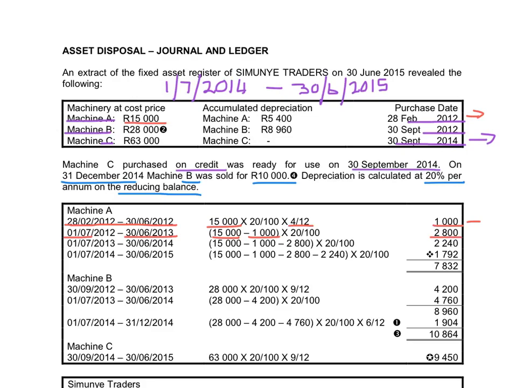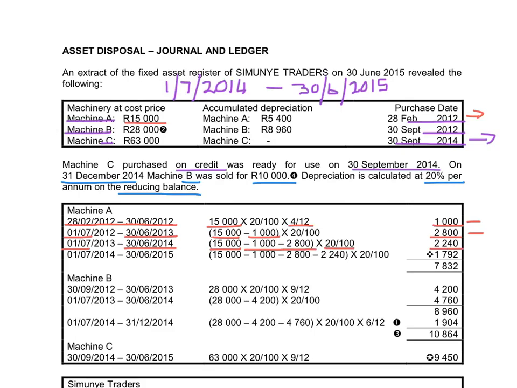The following year, we will work out from the first day of the financial year, 1 July 2013, up to the last day of that financial year, 30 June 2014. The cost price is 15,000. Now we've already written off 1,000 in the first year and 2,800 in the second year, so we have to subtract all the accumulated depreciation and multiply with 20%, and that will give me 2,240.